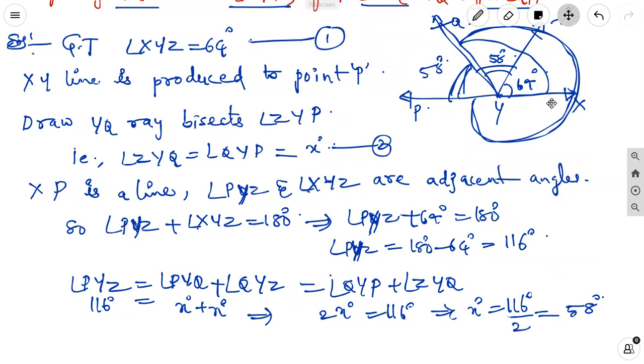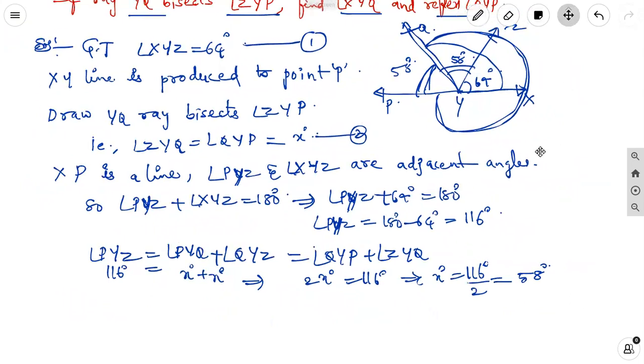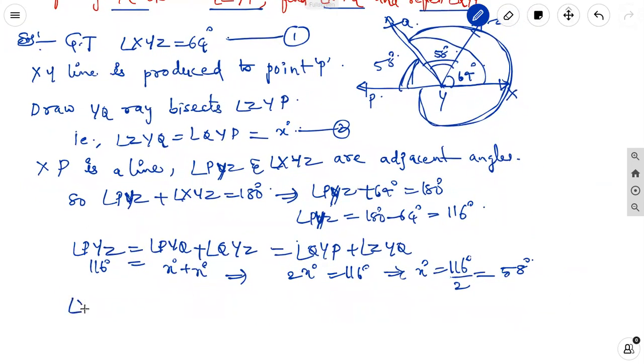Now we can find out angle XYQ. Angle XYQ equals angle QYZ plus angle XYZ.